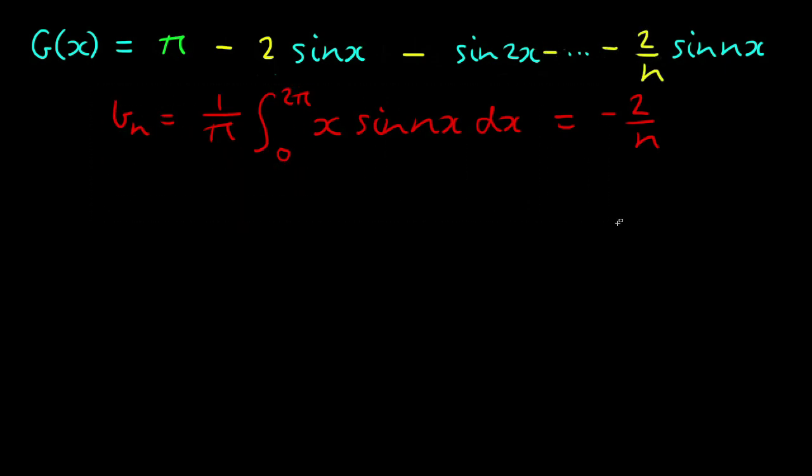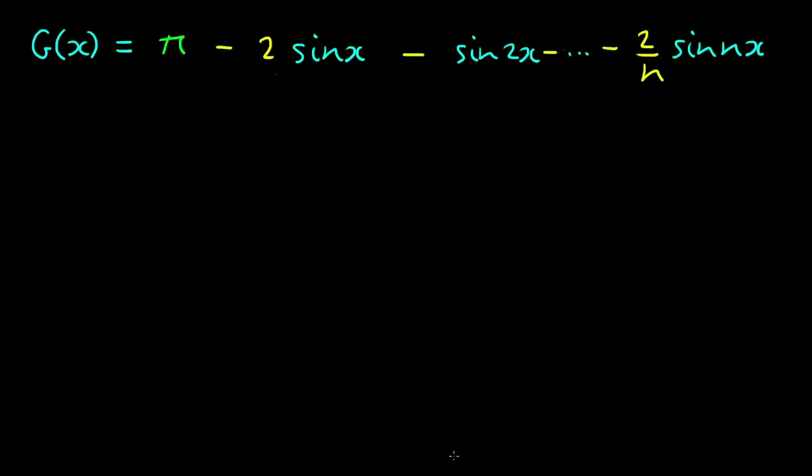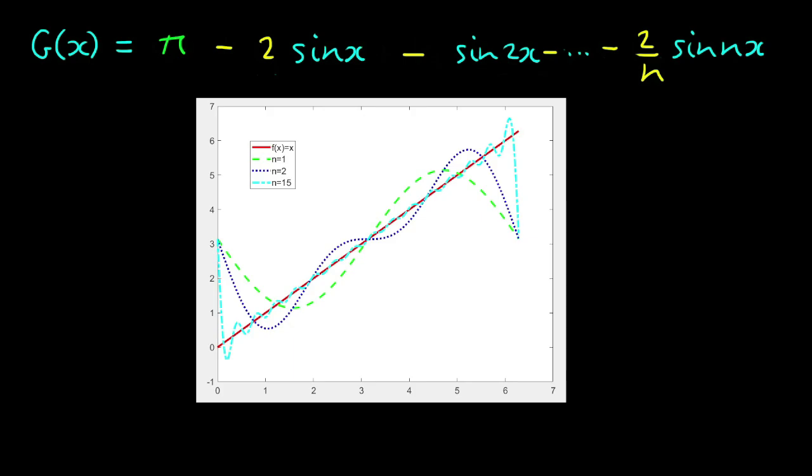So now let's get rid of this and plot our function. So here we can see our function f of x equals x in red, and in green we have a trig polynomial of order n equals 1. So that will be pi minus 2 sine x.